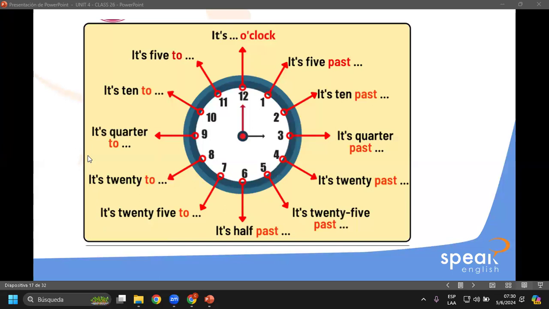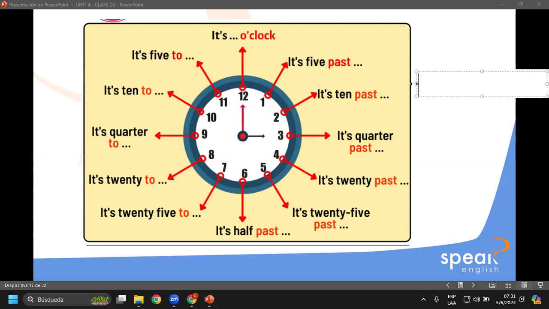All right, yo quiero saber a qué horas es el almuerzo. How can I ask that? ¿A qué horas es el almuerzo? What time is the lunch? Very good, excellent.